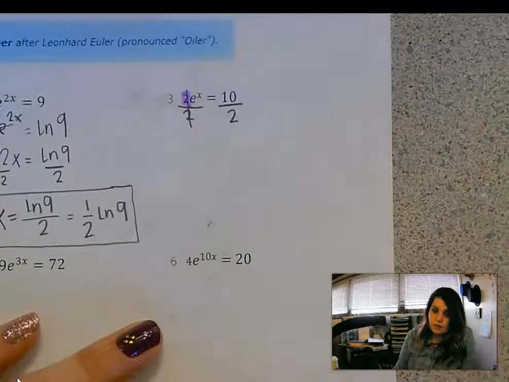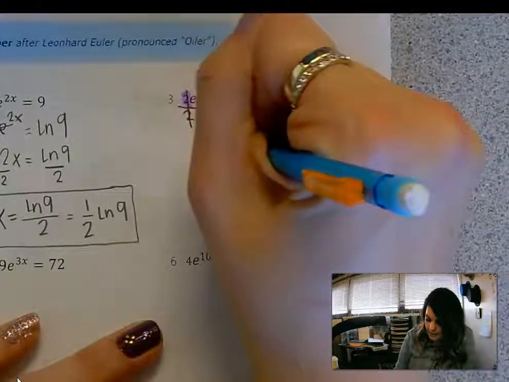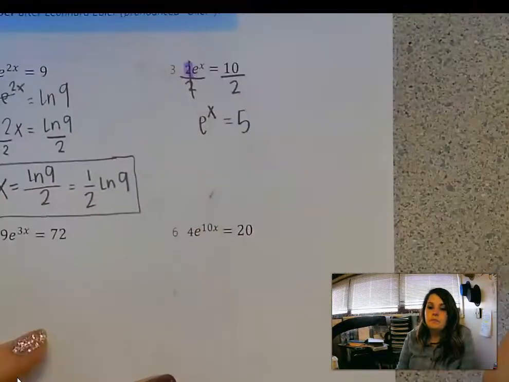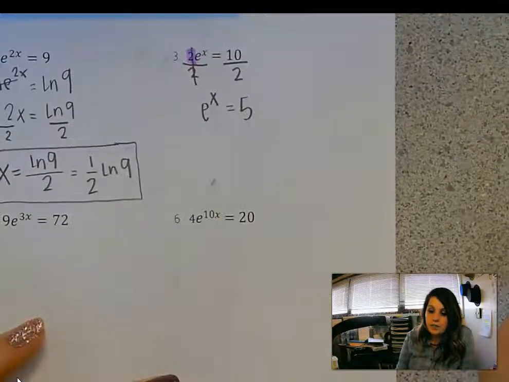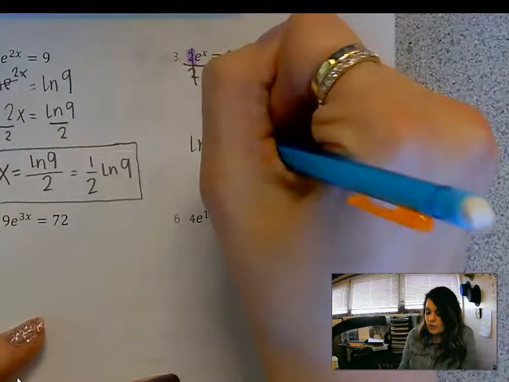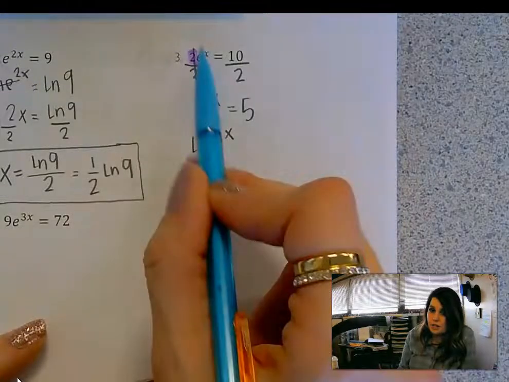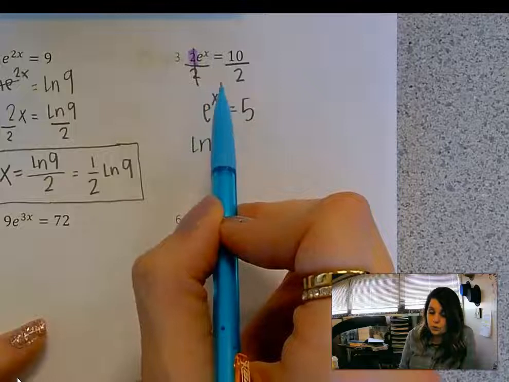Those go away, and we're left with e to the x equals 5. Now we're in the position to take the natural log of both sides. So natural log e to the x, because these two need to be right next to each other, natural log and e. So we could not have done it up here. We cannot do natural log 2 e to the x.